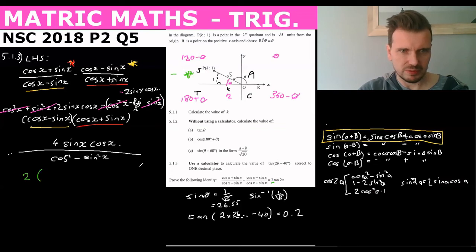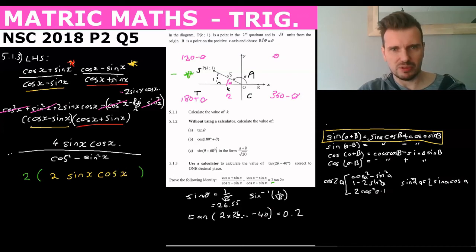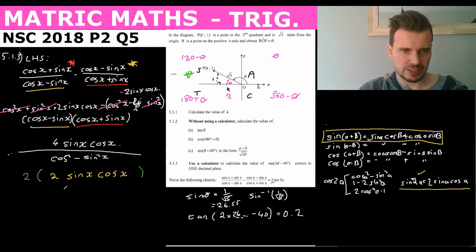And so we end up with 2 sine x cos x, which our double angle formula tells us is sine 2x. So we know we're going to be sorted on the top.